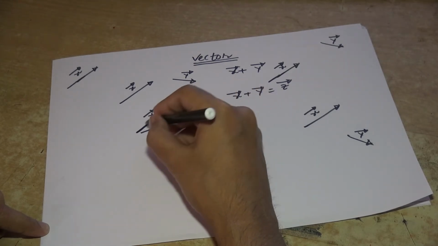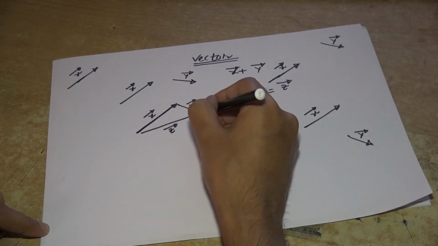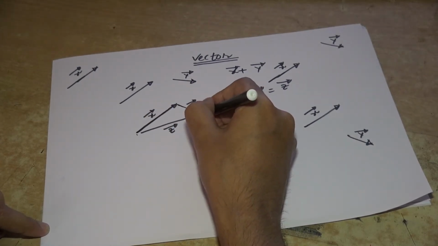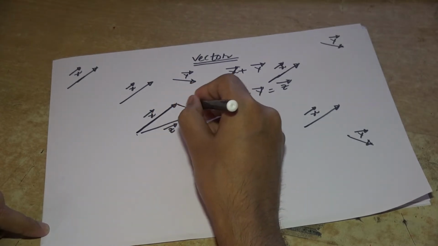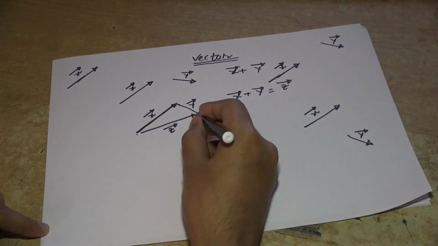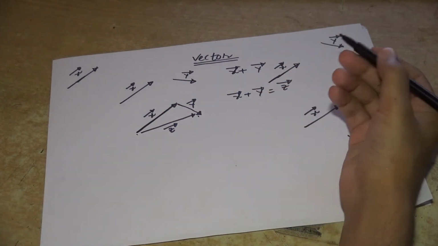So the total displacement of x and y is the displacement of z, right? It started from here and it ended up here. The sum of the displacements of x and y is the displacement of z. So visually, if you add these two vectors, this is what you get.